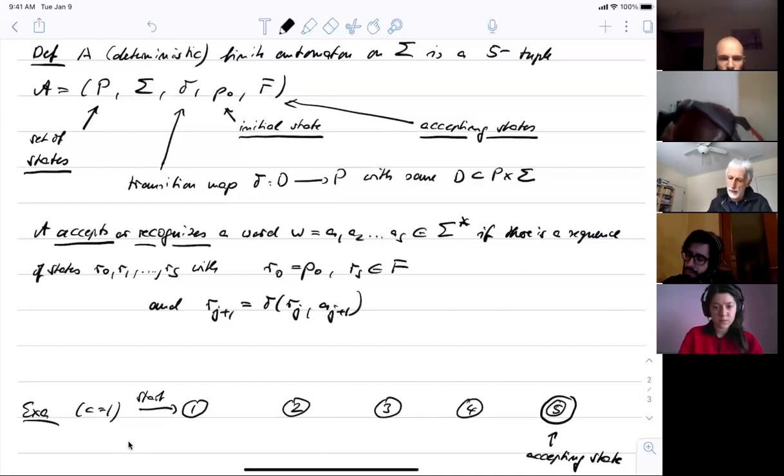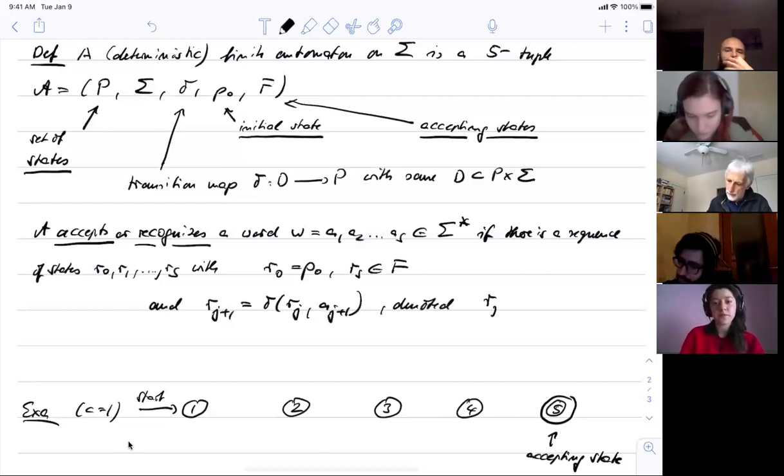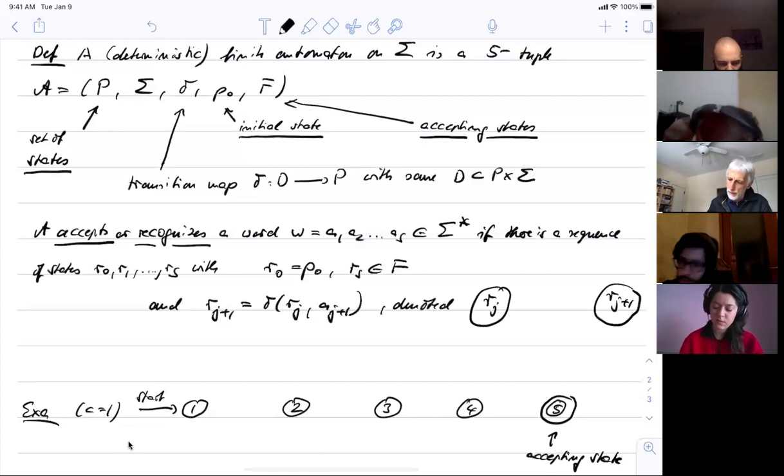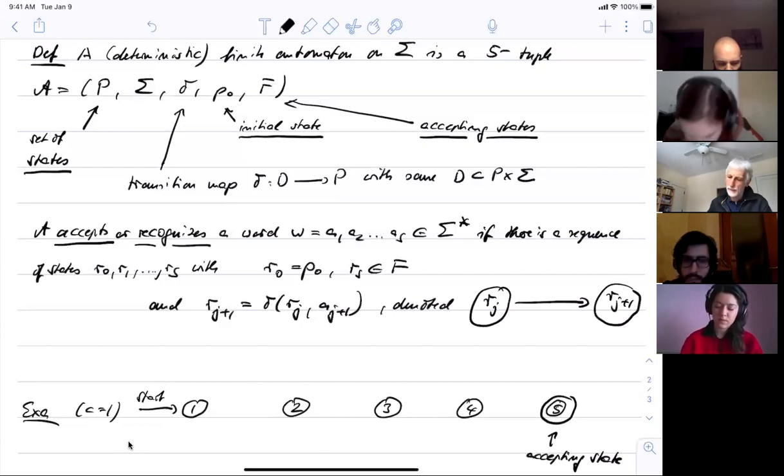Symbolically, we denote this by going from the state R sub j to the state R sub j plus 1 by concatenating what we have with the letter A sub j plus 1.